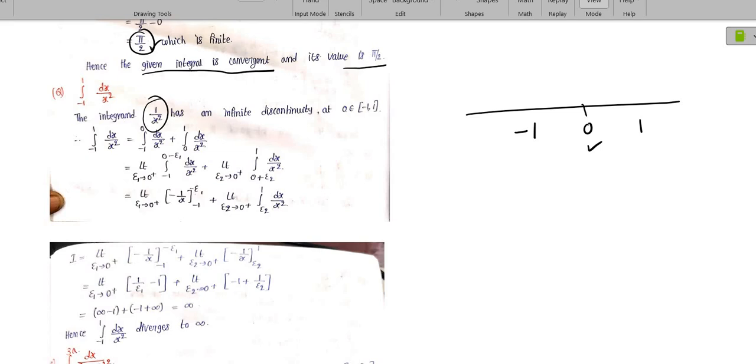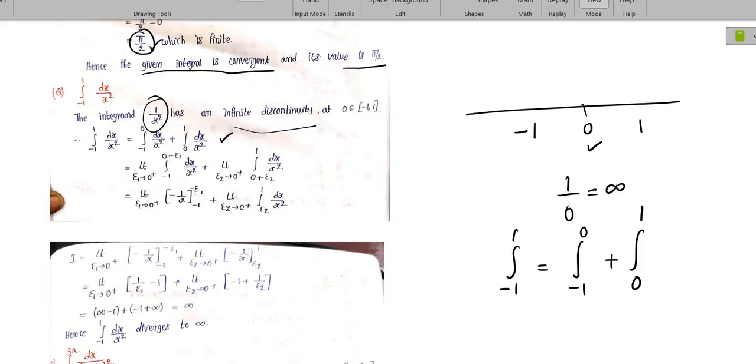At this 0, the given integrand has an infinite discontinuity, because 1 by 0² is 1 by 0, which is infinity. Now I am going to split the integral from −1 to 1 as the sum of the integral from −1 to 0 and the integral from 0 to 1.